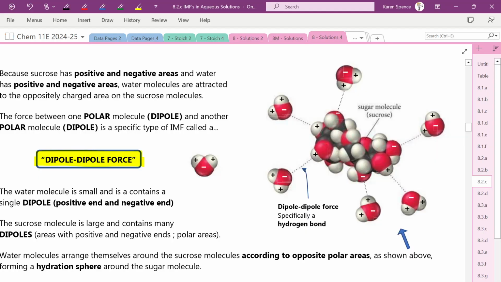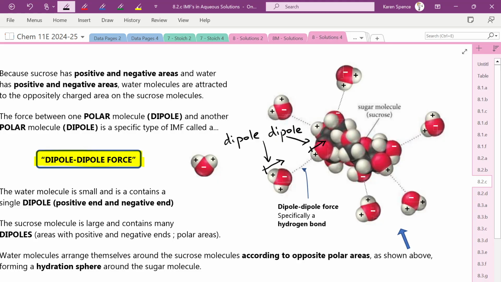So for example, this is when we put it with water, the water has a dipole, and this area of the sugar has a dipole. And so that's why we have a dipole-dipole force, the positive and negative interacting.